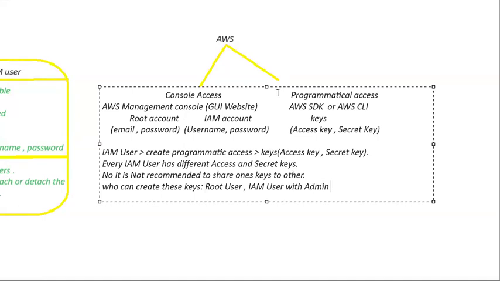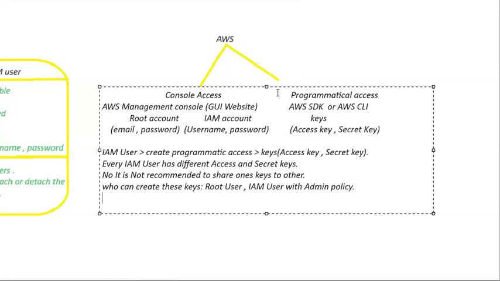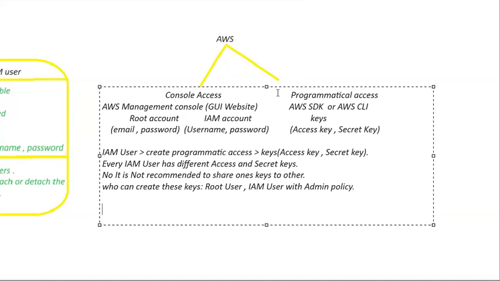What is the policy name? Admin policy can create programmatic access for any users. So only they have the permissions to create this access. Those who have the permissions can create, right? In this way they have the access, so that's why they can create.